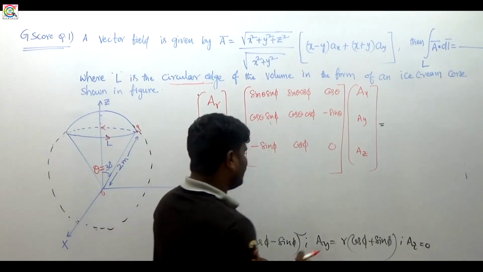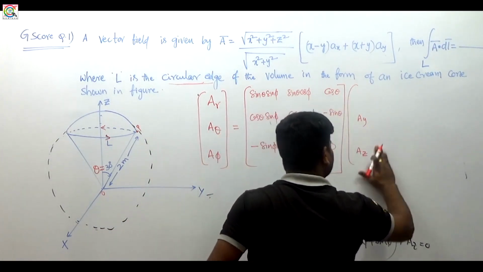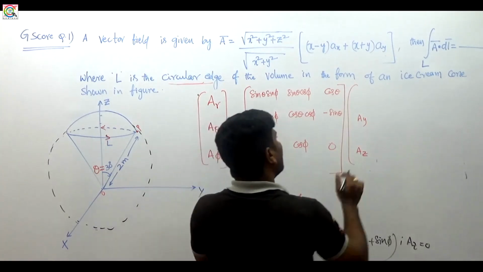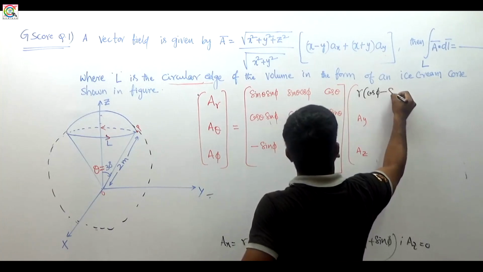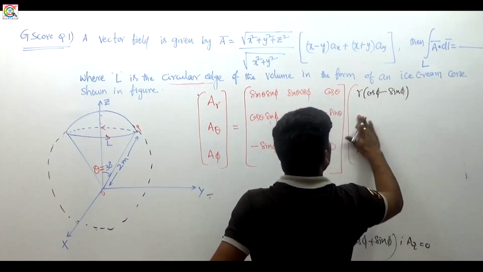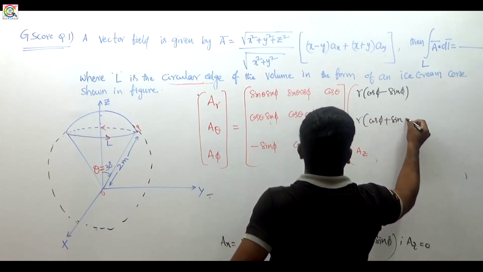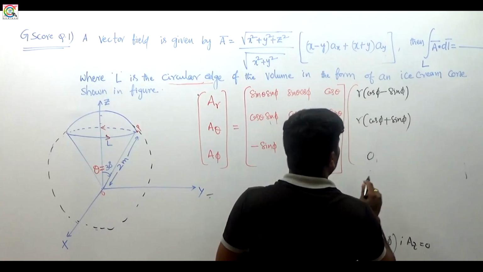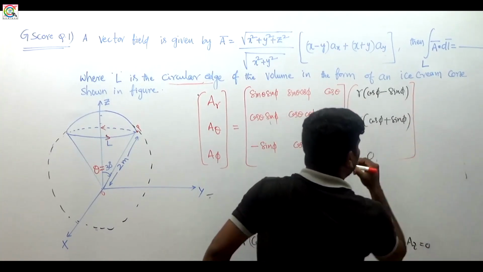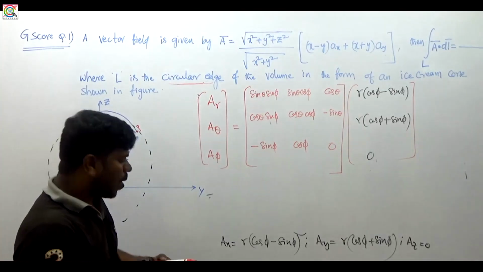Now if you want to replace Ax: Ax is r into cos phi minus sin phi, and Ay is r into cos phi plus sin phi. Now Az is equal to 0.